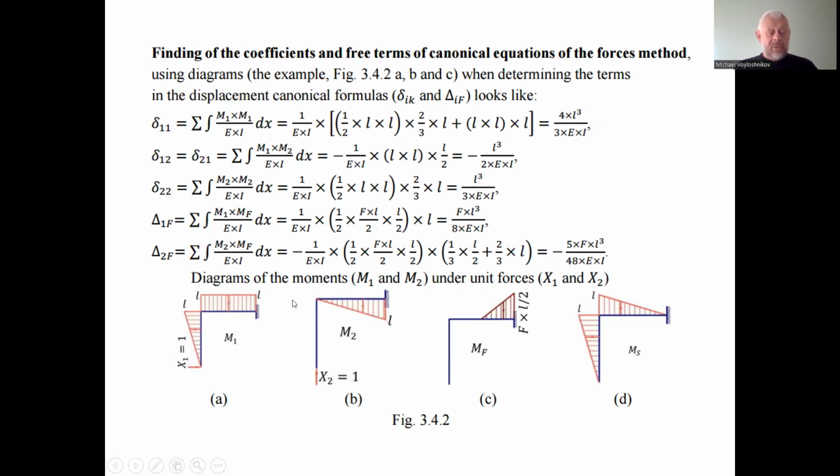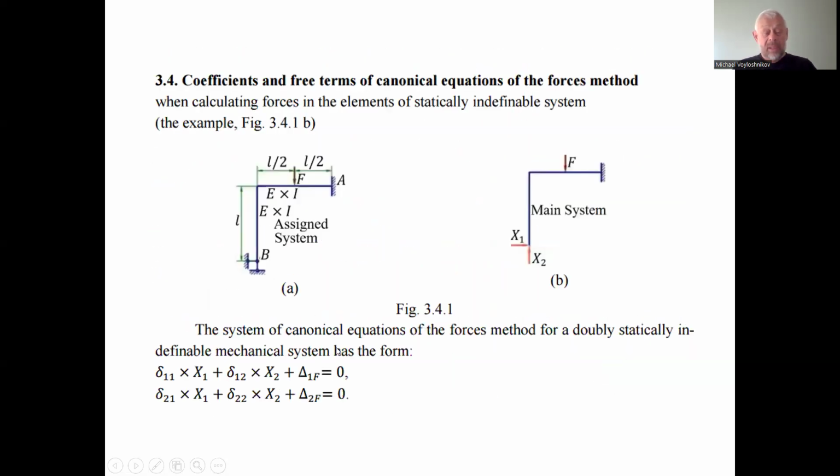And we have to find the three terms of the canonical equations. Delta 1F is the displacement in the direction of the first unit force under the influence of the external load F. The same for the second: the displacement in the direction of the second unit force, which we substitute instead of the cutout links in the statically indeterminate system to get the statically definable main system, in order to find these x1, x2.